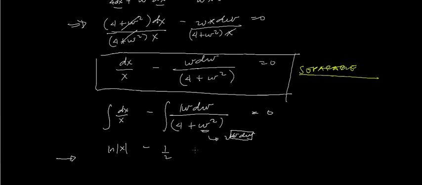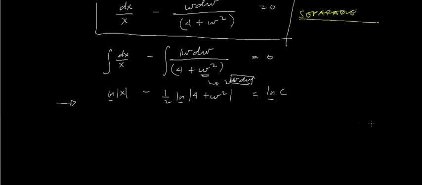So we have 1/2 ln of 4 plus w squared, and then equal to our c. Since we have ln on both, let's use ln of c here for easy computation.